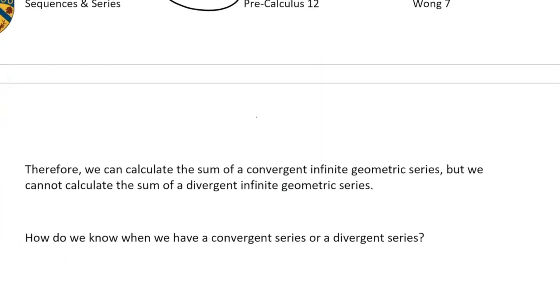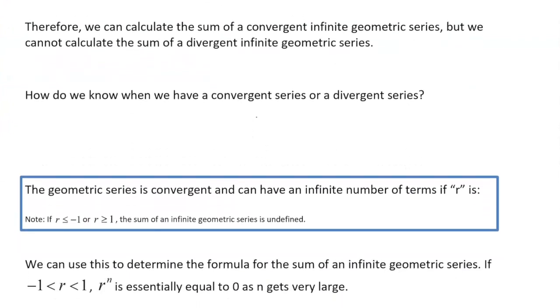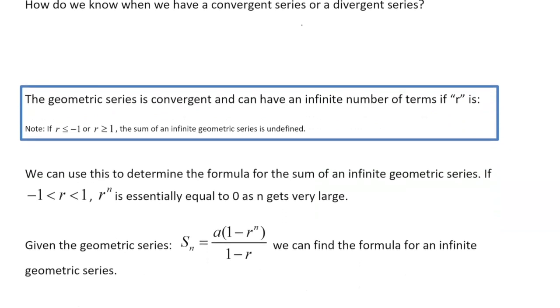Okay, so what we're going to say is this. Therefore, we can calculate a convergent infinite geometric series, but we can't calculate the sum of a divergent infinite geometric series.